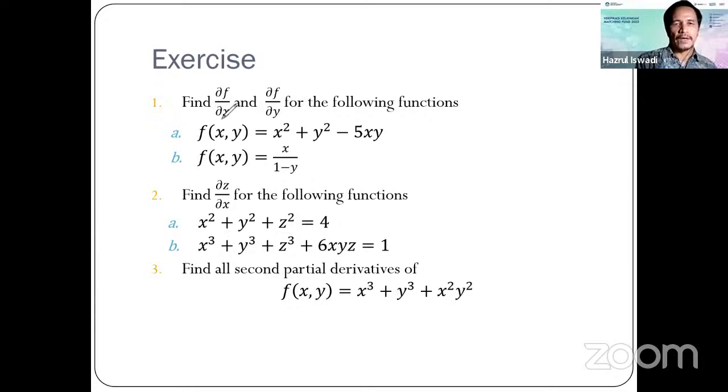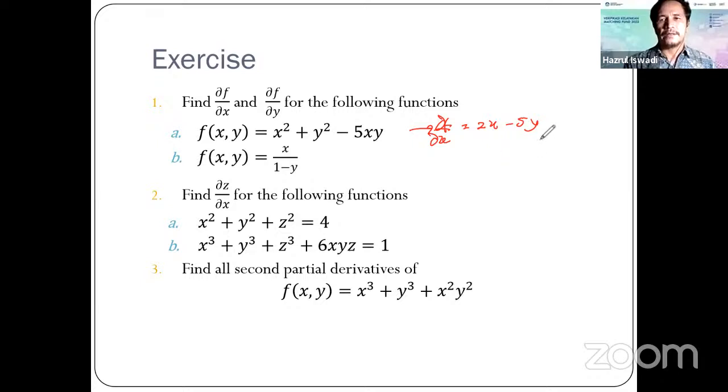For ∂f/∂x, we use the partial derivative of f with respect to x. Y can be considered as a constant. So this is 2x minus, if we take the derivative of x it will be 1, and minus 5y.